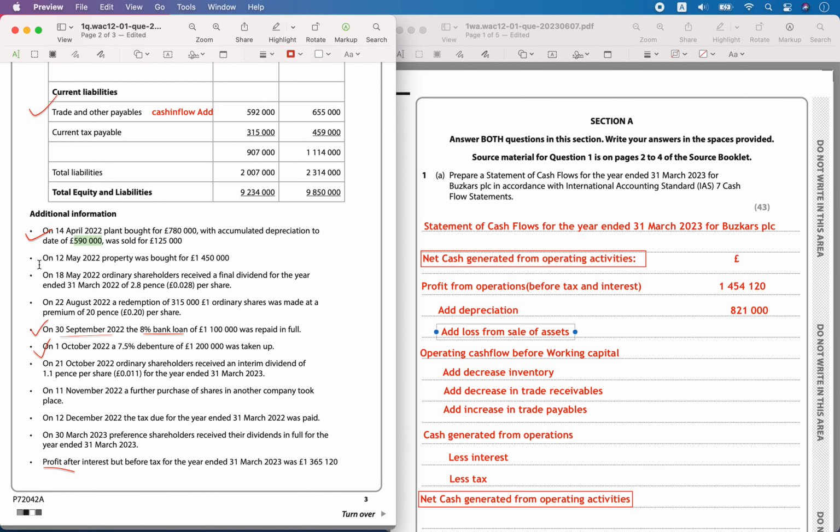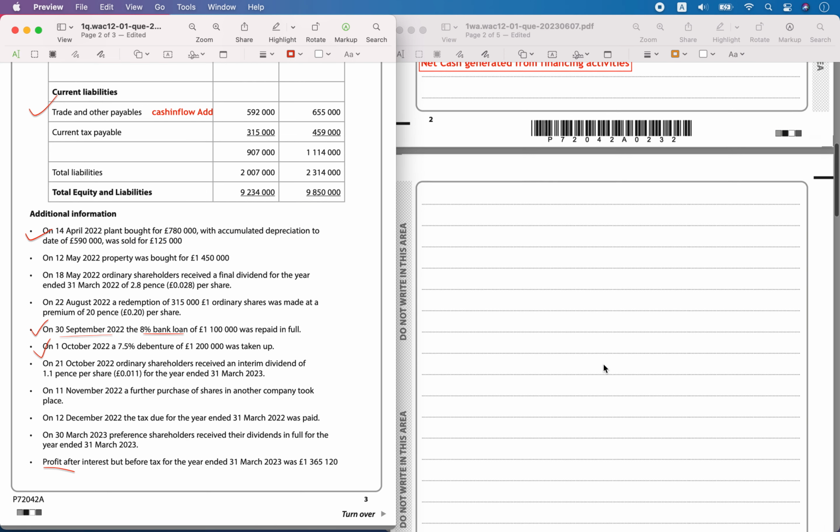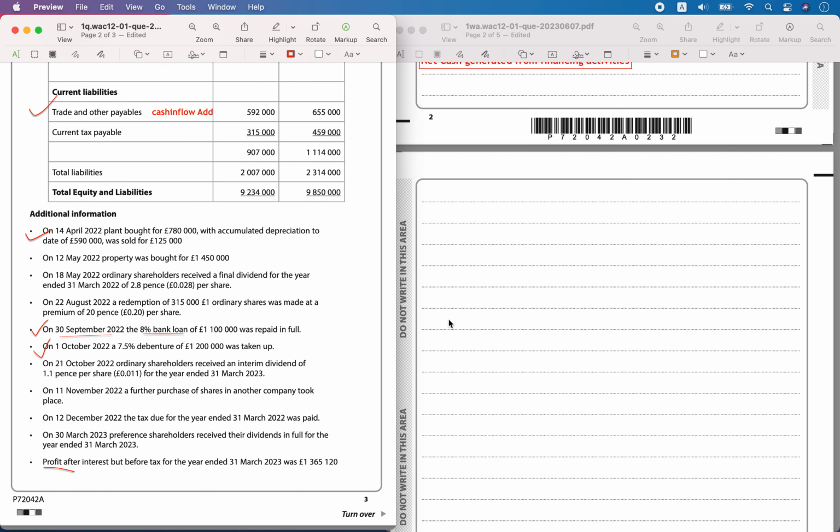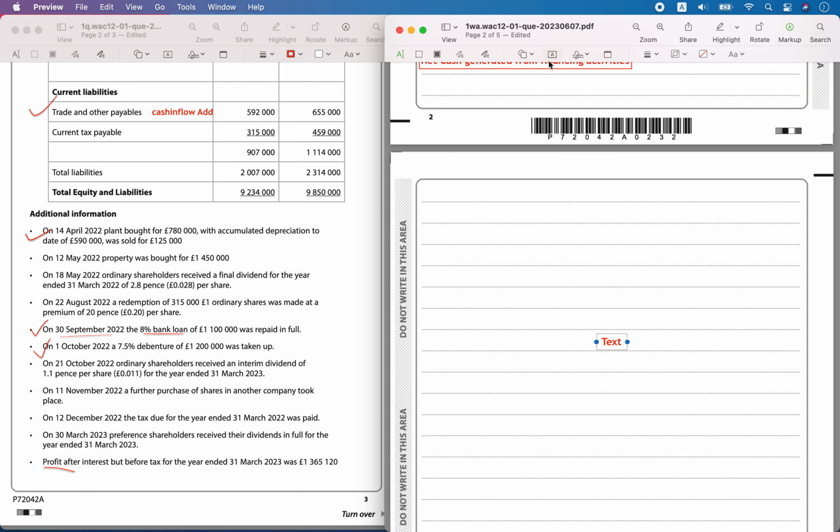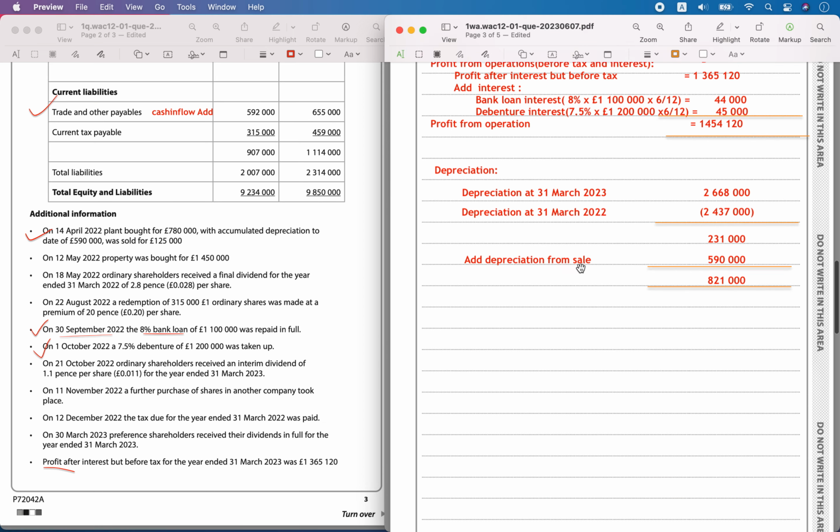Let's understand here. For this transaction, whether it was a profit or a loss, we have to calculate. Now the cost of the plant.